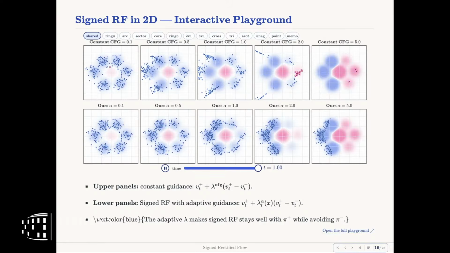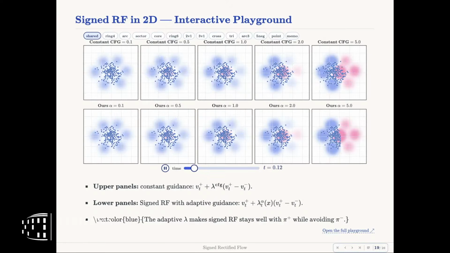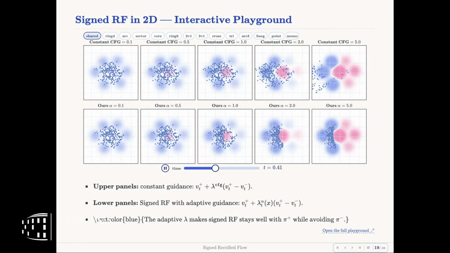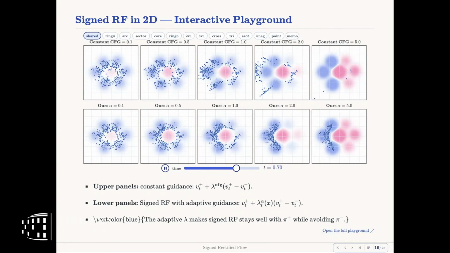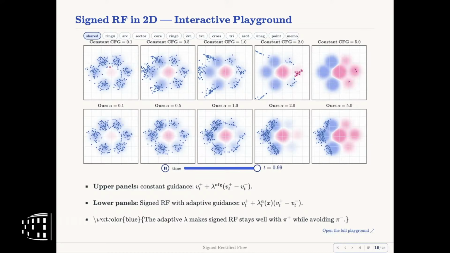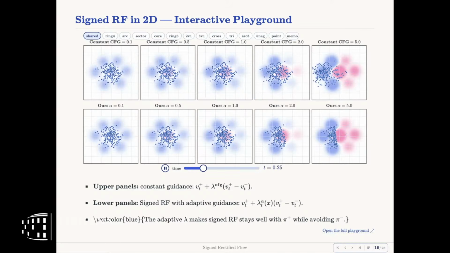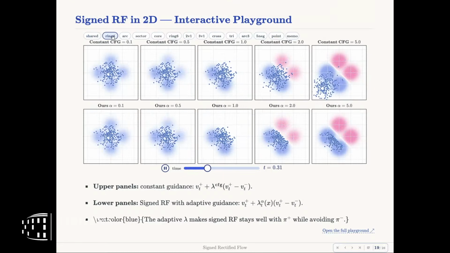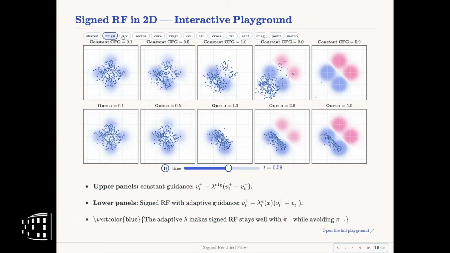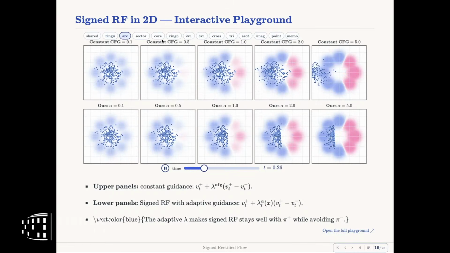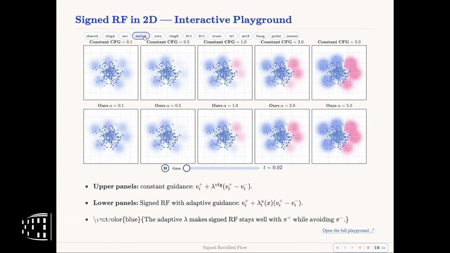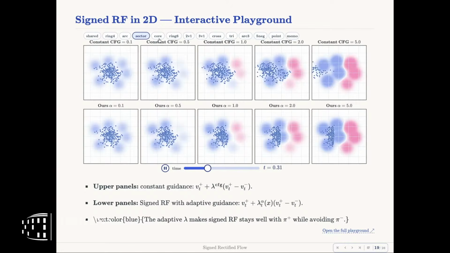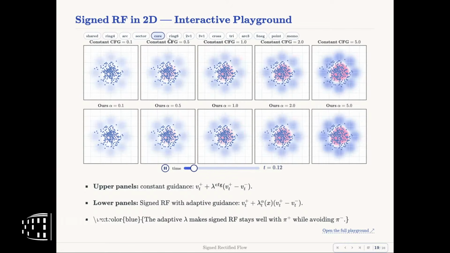Versus if you use the signed measure, even if you use really, really strong positive guidance, you will remain in the region of the positive mass with this nice truncated distribution, right? We have some more plots just for fun. So it stably stays inside the region.